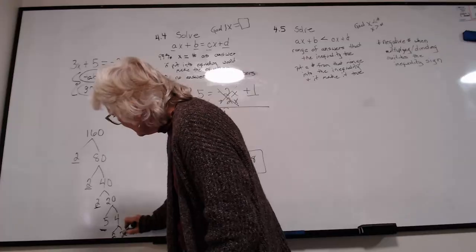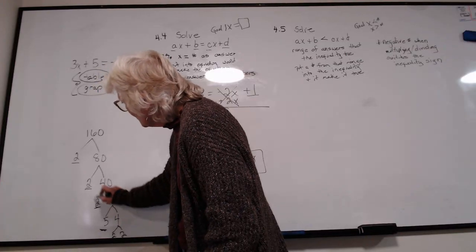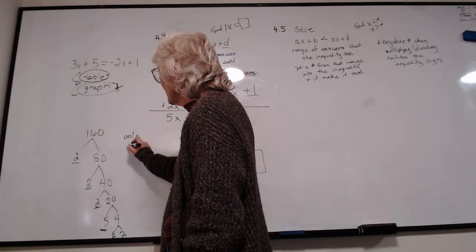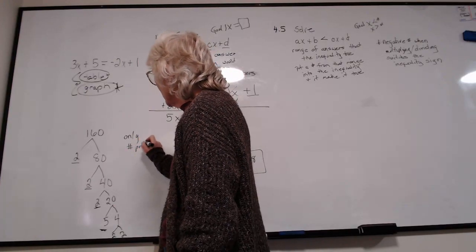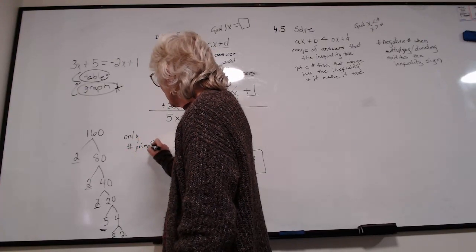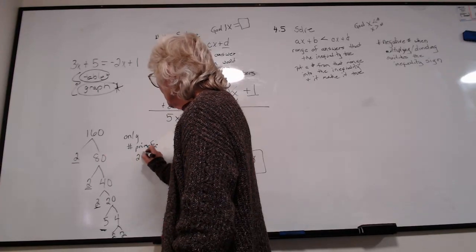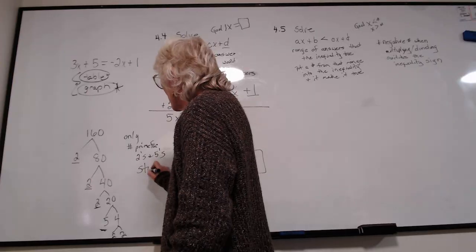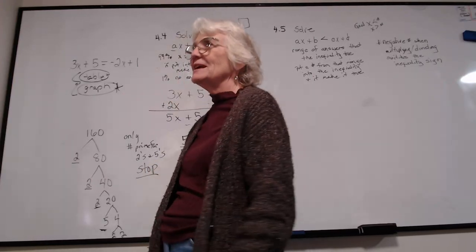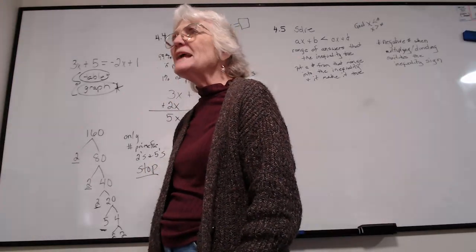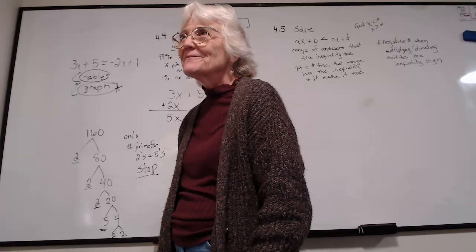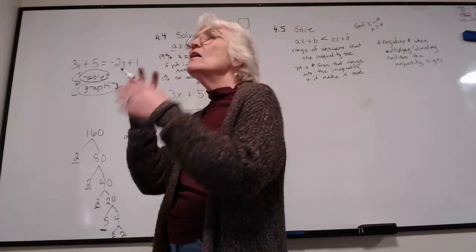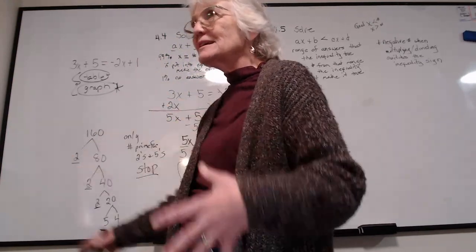Now, if you look at this, 2, 2, 2, 2, 5, the only numbers in this prime factorization are 2's and 5's. Those will terminate, because we're a base 10 system, and 2 and 5 are part of base 10.